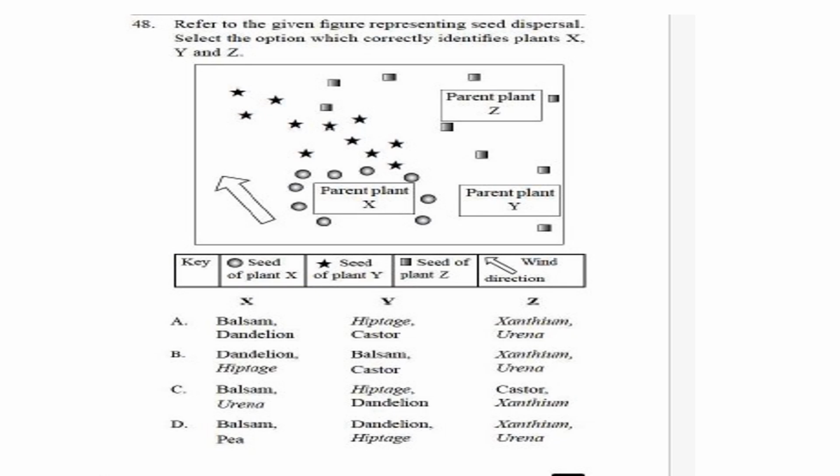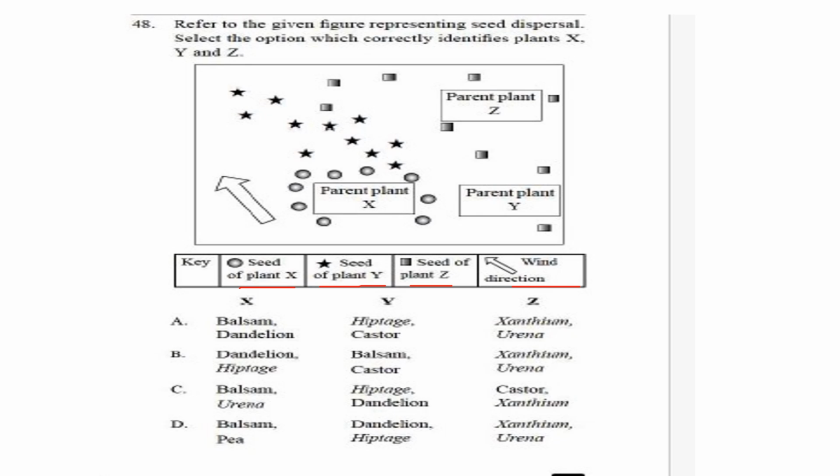Question number 48. Refer to the given figure representing seed dispersal. Select the option which correctly identifies plant X, Y and Z. These are keys. Seeds of plant X, seeds of plant Y, stars, seed of plant Z is square, and this arrow indicates direction of wind. Parent plant X seeds dispersed nearby the parent plant.